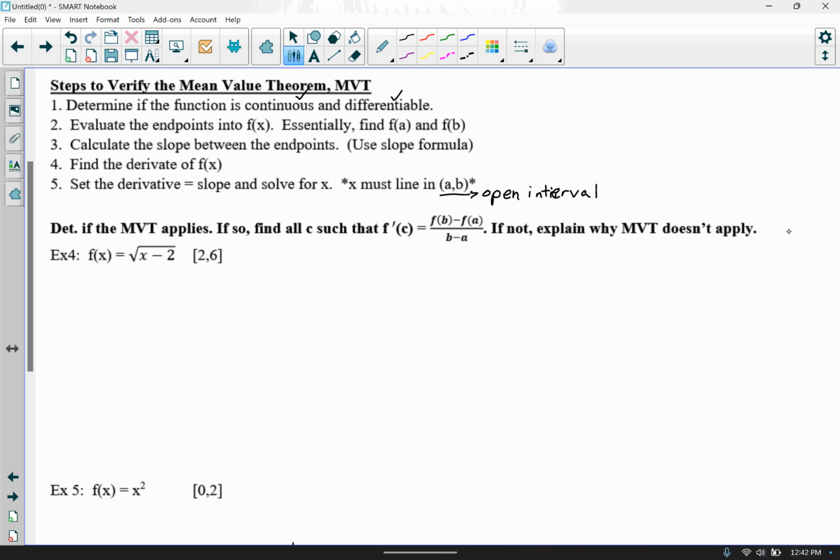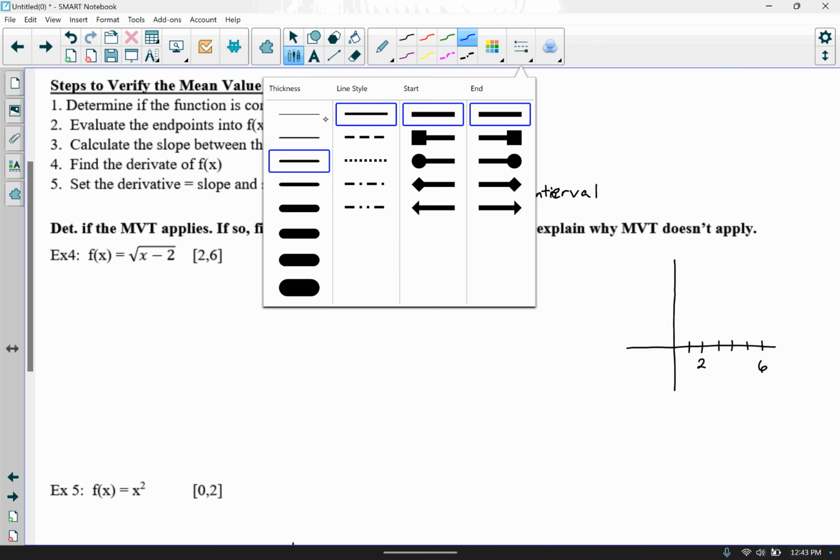All right, so first things first here in example 4, I would graph this, and let's make sure that it's continuous and differentiable. So I'll just come over here and do my graph. I'm interested from 2 to 6, 2, 3, 4, 5, 6. If I plug in 2, hopefully you agree, you're going to get 0.